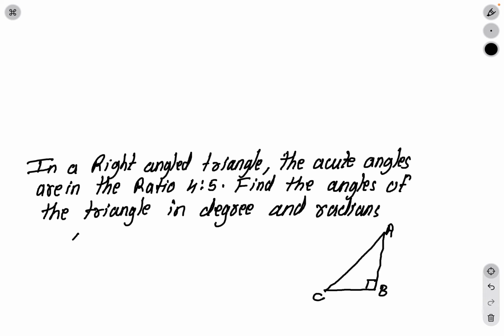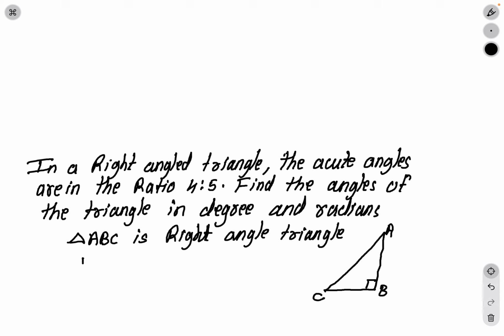So triangle ABC is a right angle triangle, right angle triangle, with measure of angle B equal to 90 degrees.